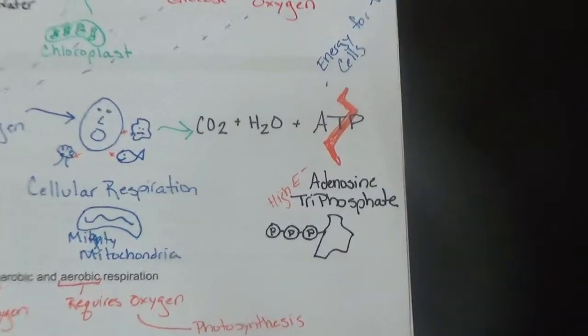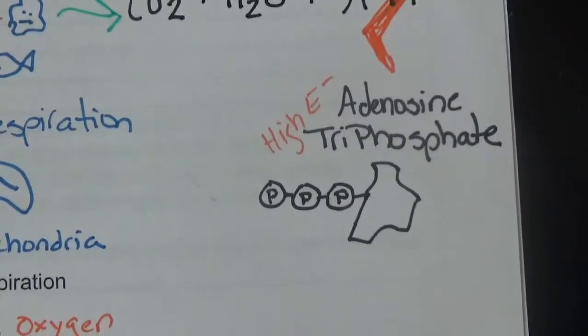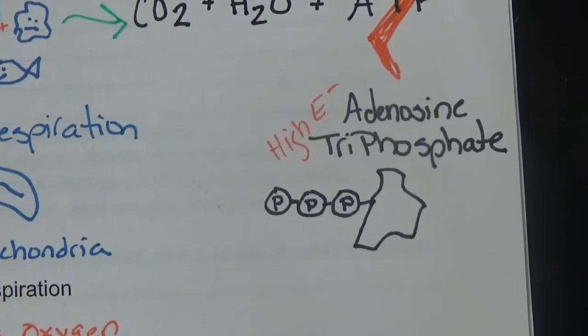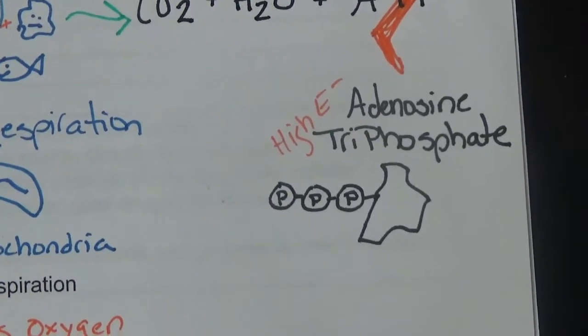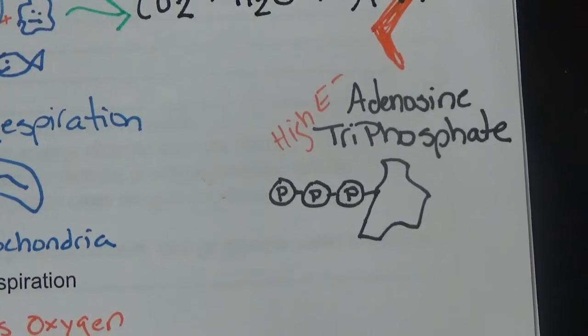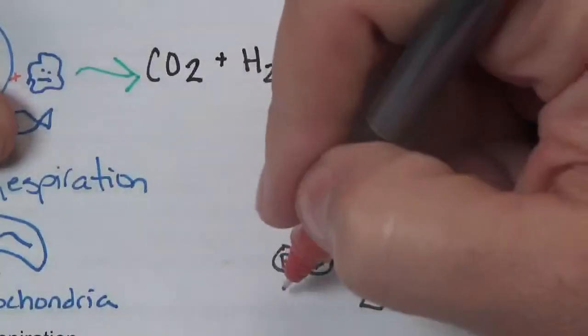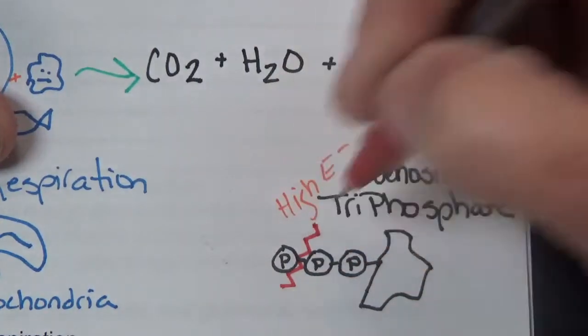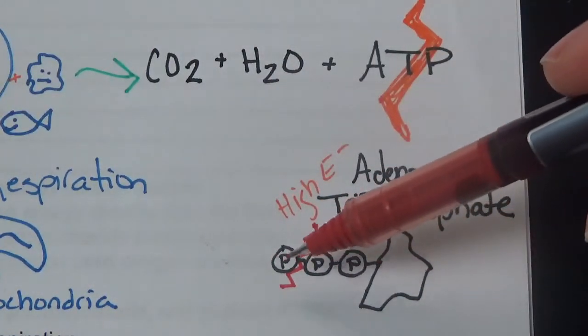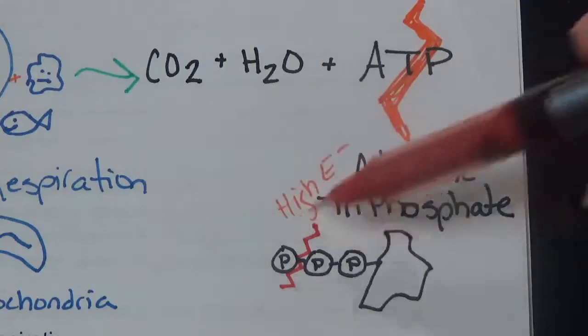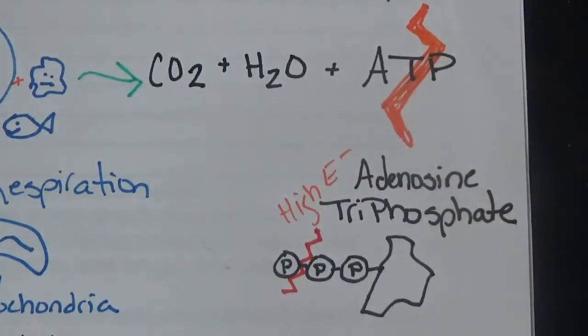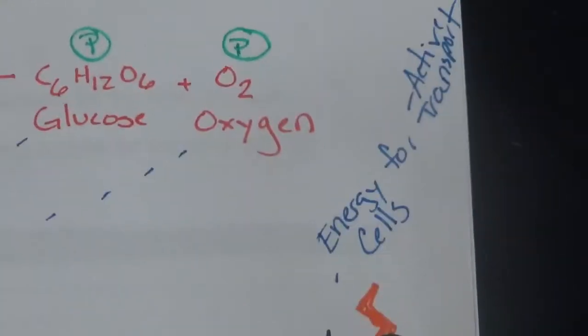I'm going to zoom in here. Adenosine triphosphate is a high energy molecule with 3 phosphate molecules. That's why it's called triphosphate. The energy actually comes from the breaking of this bond here. When that third phosphate gets broken off, energy is released, and that energy is used to do things that the cell needs to do, like active transport.